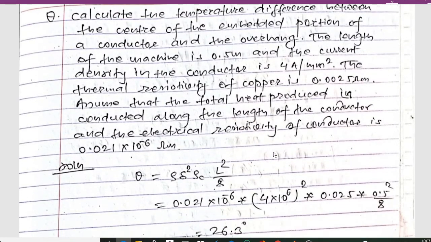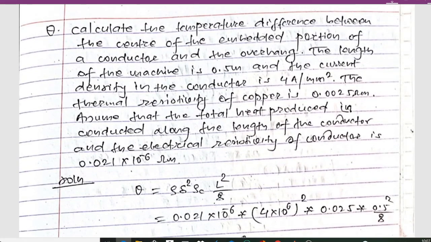And now here we have the next one. Calculate the temperature difference between the center of the embedded portion of the conductors and the overhang. The length of the machine is 0.5 meters, the current density in the conductor is 4 ampere per mm square, and the thermal resistivity of copper is 0.025 ohm meters.